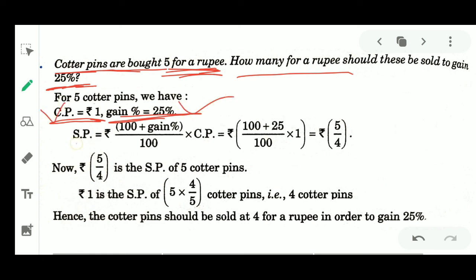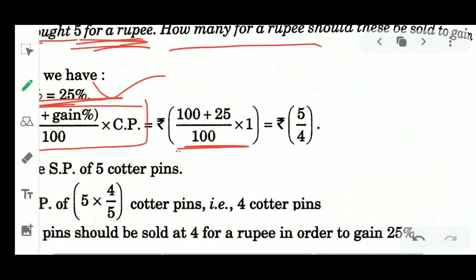Now here we have cost price and gain percent. So the selling price equals 100 plus gain percent by 100 multiplied by CP. That is the formula of selling price when you have the cost price and gain percent. Now put the value of gain percent and CP: 100 plus 25 by 100 multiplied by 1.